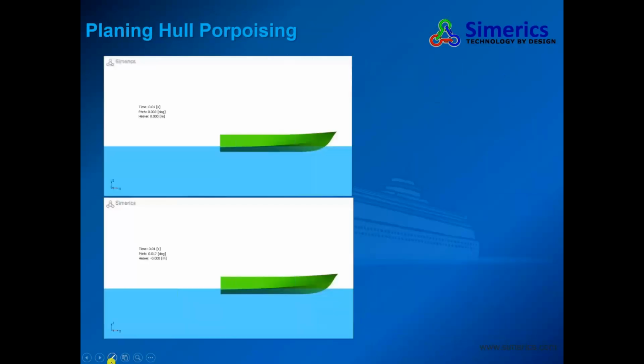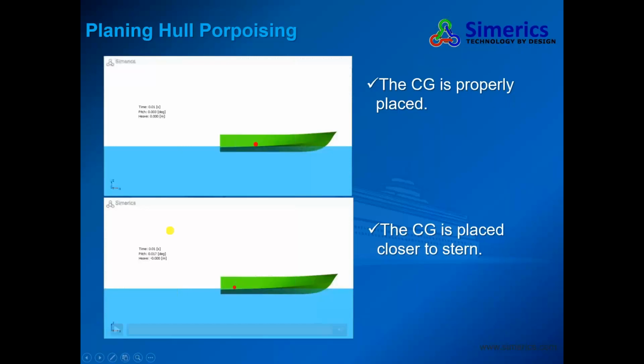The next example is also on the planing hull, but this is on a different thing, porpoising, which is a natural instability. Here I'm just going to show you an example of how the CFD can help you find those kinds of design flaws at a very early stage. Basically, there are two identical hull shapes, but we just put the center of gravity in different locations.